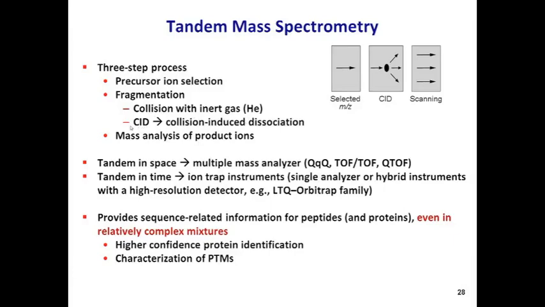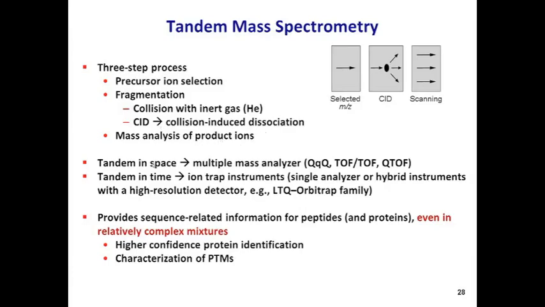I'm exciting the molecule by increasing the radio frequency and also introducing an inert gas such as helium, causing a collision between the helium ions and the peptide ions, which results in dissociation of the peptide into fragments. I then measure the masses, or the mass over charge, of the product ions.